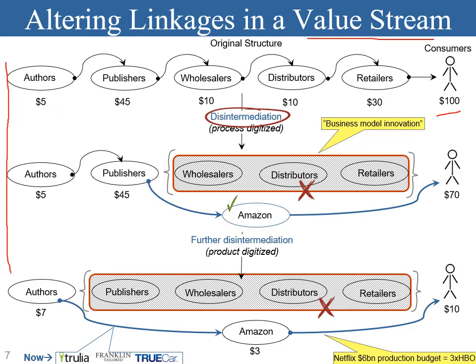And the example is Amazon, which has used IT to alter this structure by bypassing all firms between publishers and the book buyer by passing orders directly to publishers. It then passed on most of the savings to consumers, who will pay 30% less.